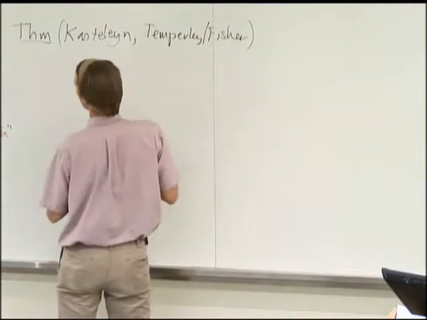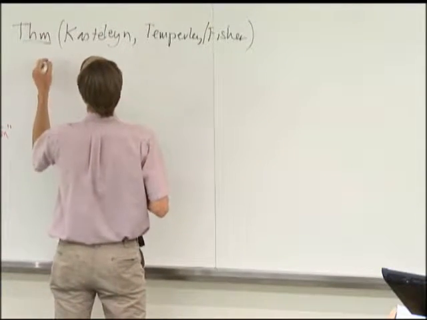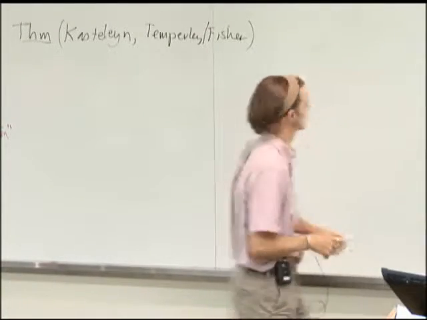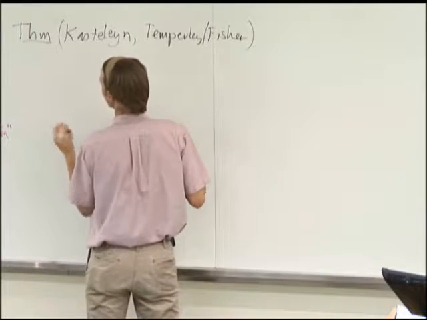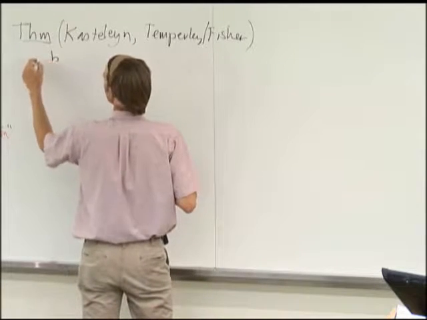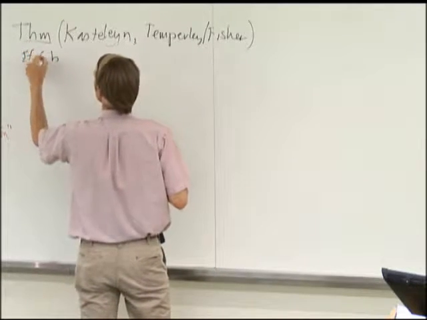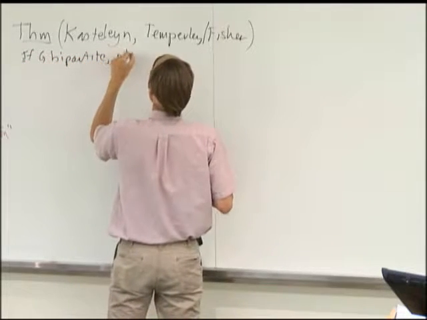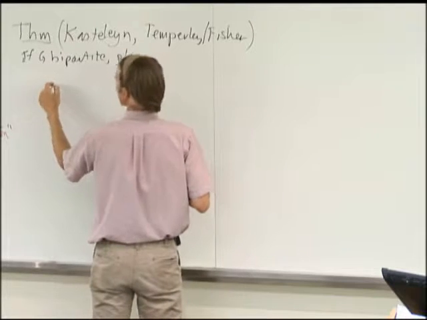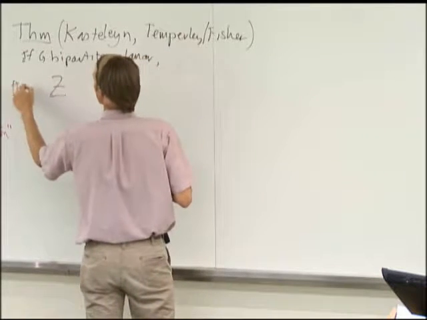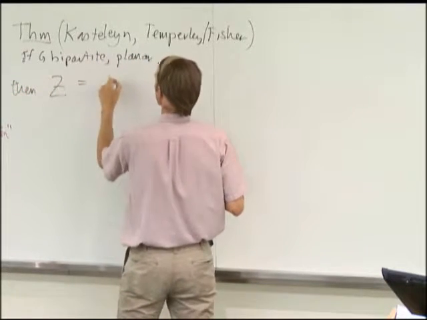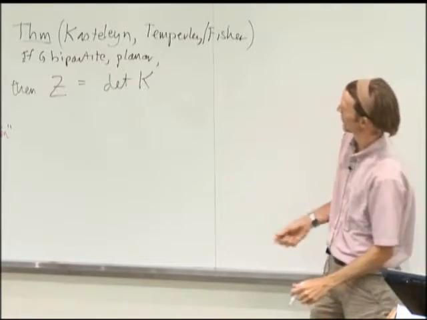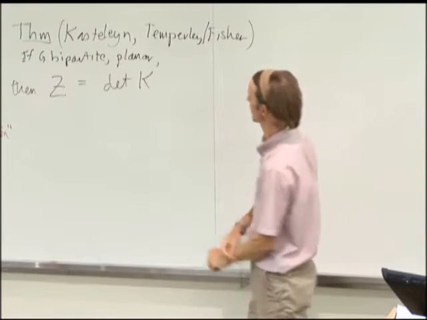Let me just state it in the case of a bipartite graph, since it's a little bit easier. If G is bipartite and planar, then Z can be written as the determinant of a certain matrix, K, called the Kasteleyn matrix, which you construct from the graph. It's essentially a weighted adjacency matrix.